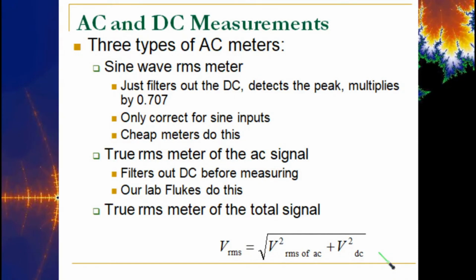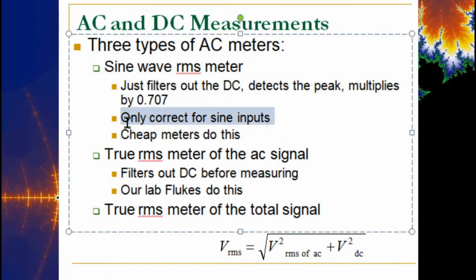Literally, that's what happens in your meter, your DMM. So typically these are only correct for sine inputs, and I don't believe that our meters will do anything but sine waves. I think it'll do frequency, so it'll detect when it goes back to 0. I think that's what the frequency counter does, all right?